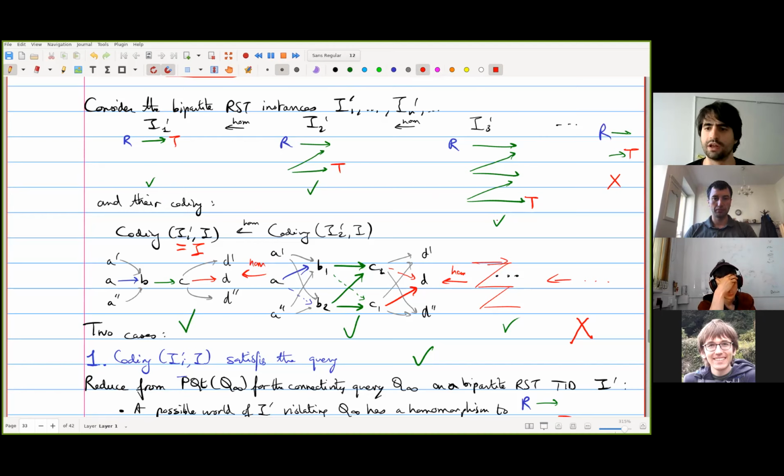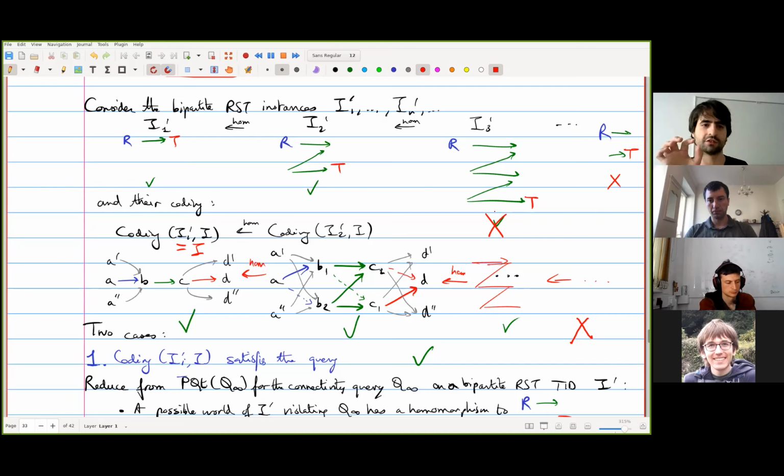And if the query has a threshold and says, I want the path of length 2, but not of length 3, the query is basically testing whether there is a path between R and T of a specific length. And these are the queries on RST instances, of which we showed that they were intractable.